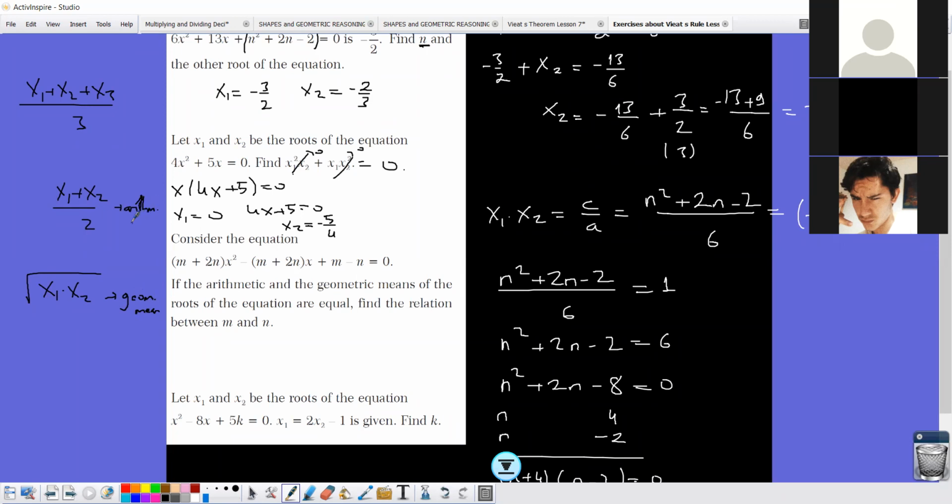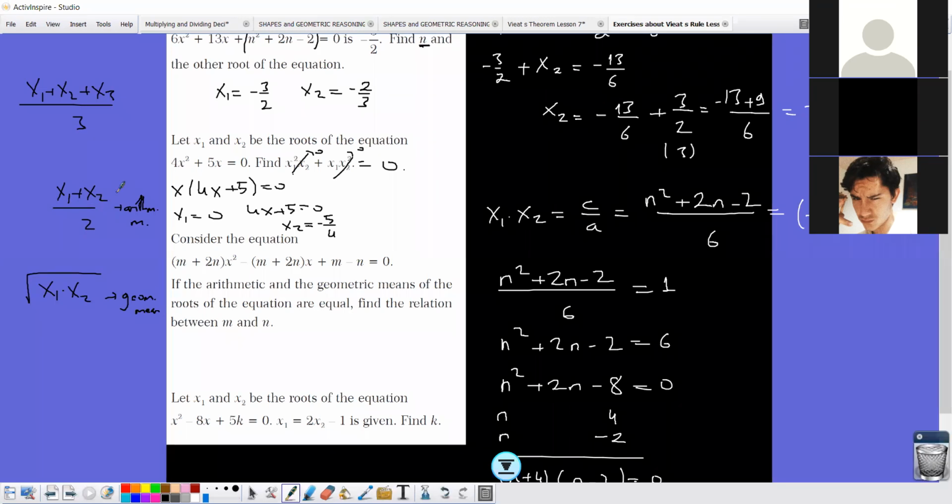Teacher, can arithmetic also be x1 plus x2 only? No, it cannot be. Okay, thank you. Now, how will we solve here? x1 plus x2 over 2 is equal to root of x1 times x2, it says here.